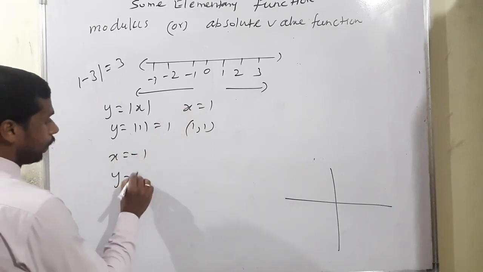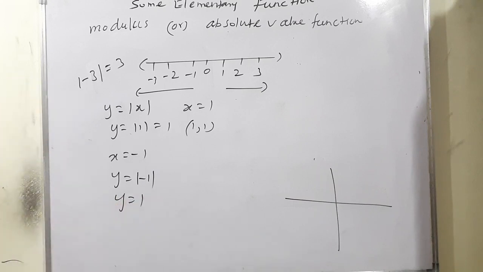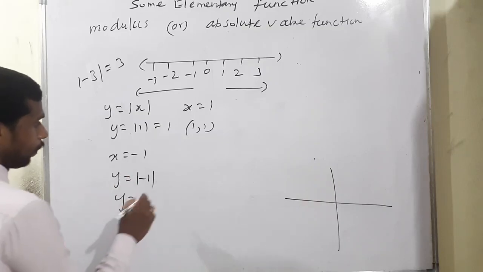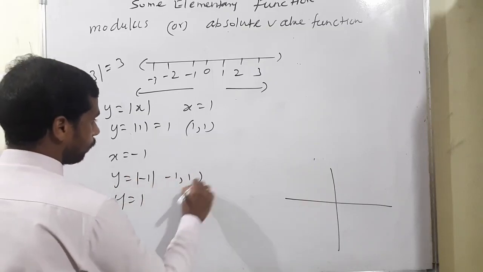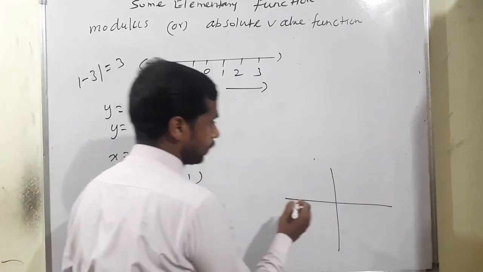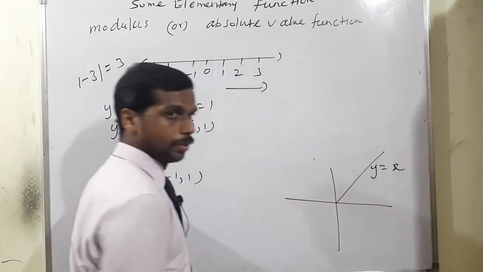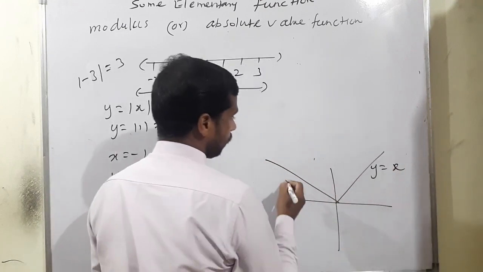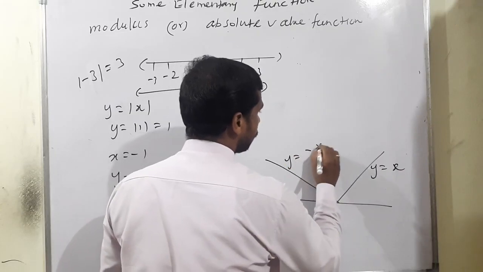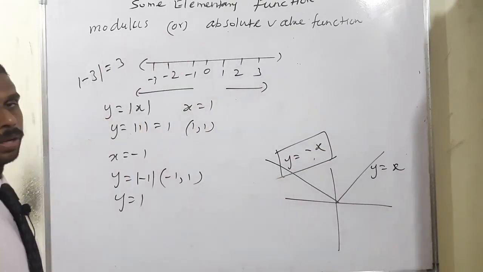Then y is equal to modulus of minus 1, which means y is equal to positive 1. If you remove the modulus, the negative value becomes positive. So another pair, minus 1 comma positive 1, is there. Therefore on the positive side, y is equal to x, and at the same time on the negative side, y is equal to negative x. This is the absolute or modulus value function.